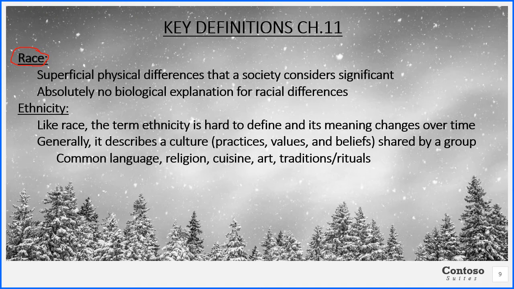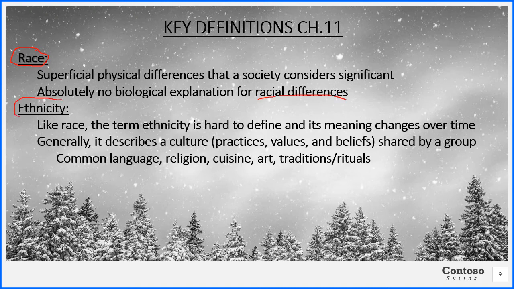In actuality, when it comes to our biology, they're very superficial differences, but it's society that puts these connotations on different races that we have literally constructed. So there's absolutely no biological explanation for racial differences. It's very much a social construct.